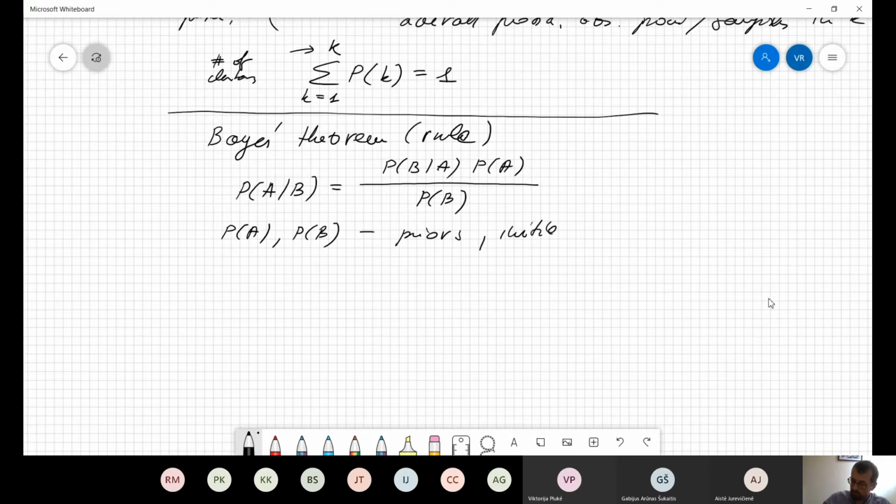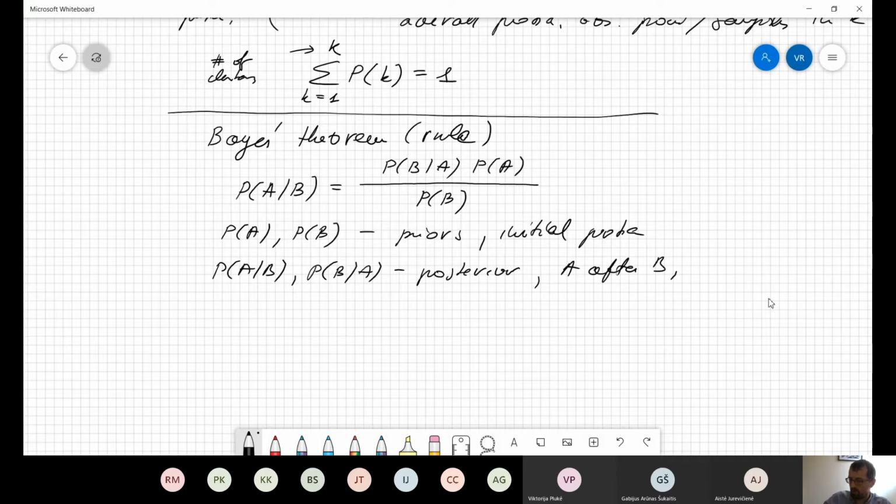And the probability of A given B and probability of B given A are the posterior probabilities.